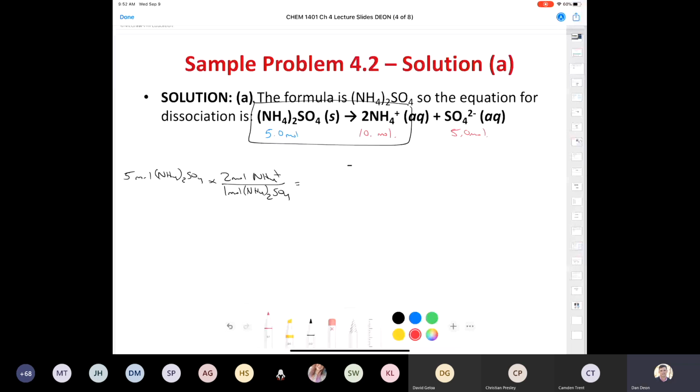Looky, looky. Moles of ammonium sulfate cancel out. 5 times 2 equals 10 moles of ammonium ions.